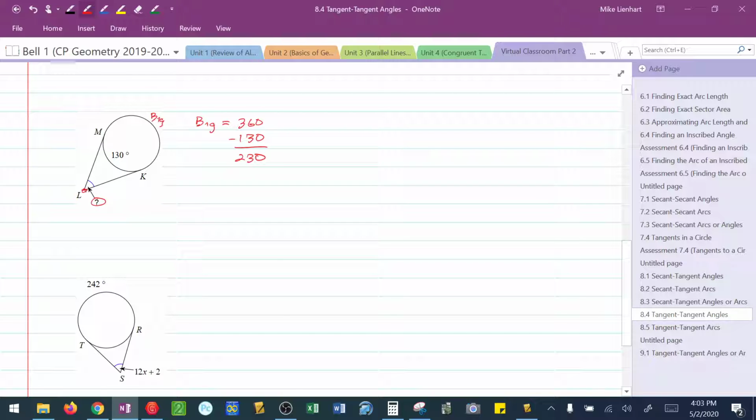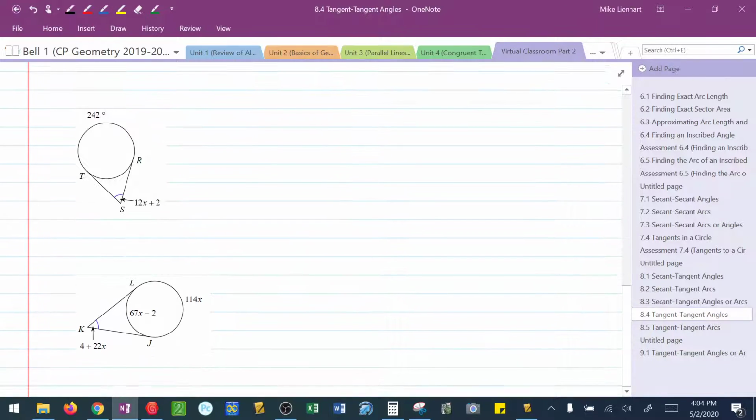There's the angle. The vertex is out. I'm going to call that X. I'm going to say in my equation that the angle X is equal to half of the arcs subtracted. So that's going to be big arc minus small arc, or X is equal to half of 100, or X is equal to 50.